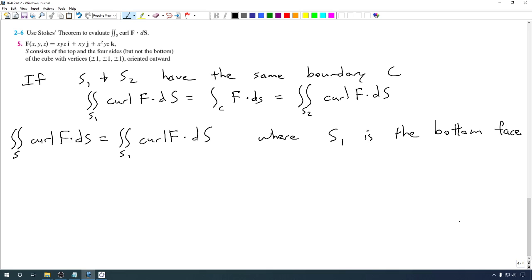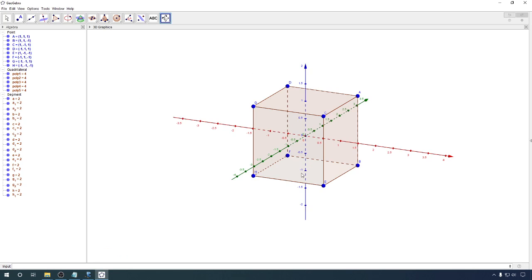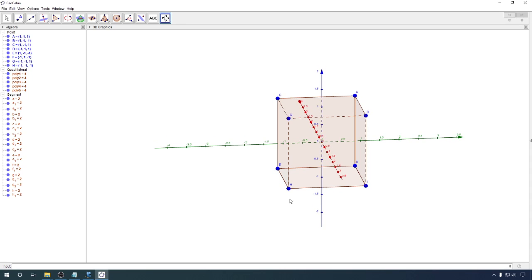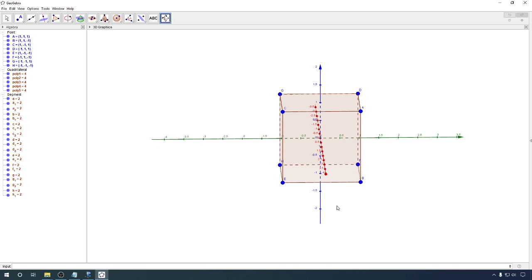And one thing that we do need to be careful about here as well, and this might not be so obvious, we have to pay attention to orientations. The fact that the top of the cube is all oriented outwards does not mean that we're also going to orient our last plane down here, our last face, as outwards as well. We're not going to be taking the downward orientation. We are actually going to need to keep that upward orientation, because we have to respect the positive orientation around our boundary.